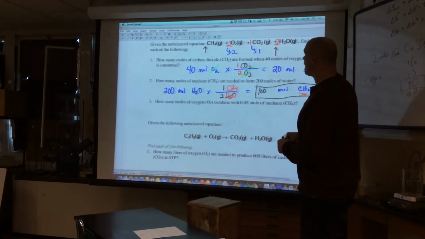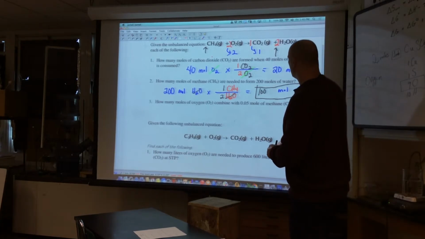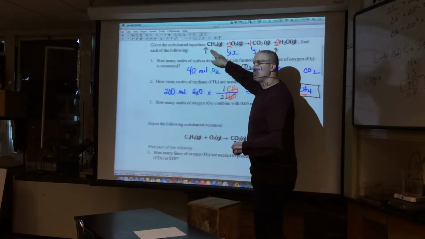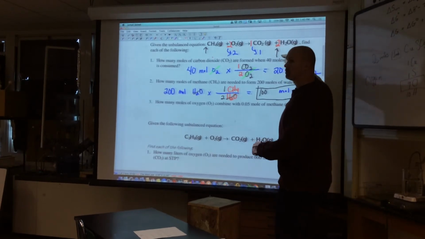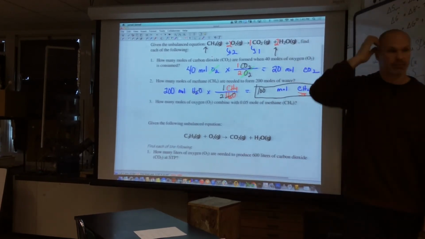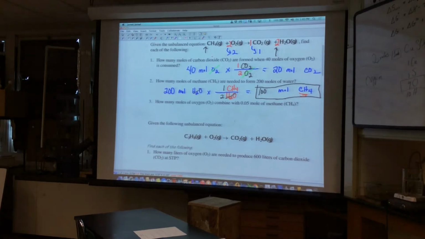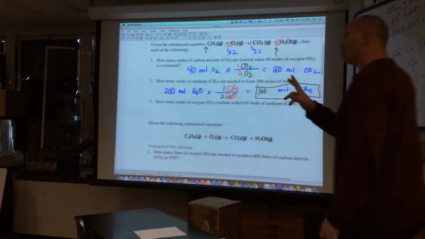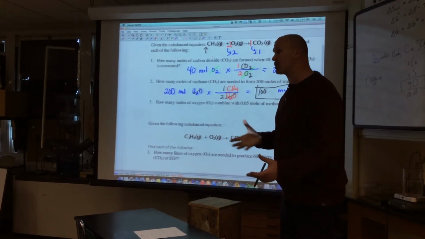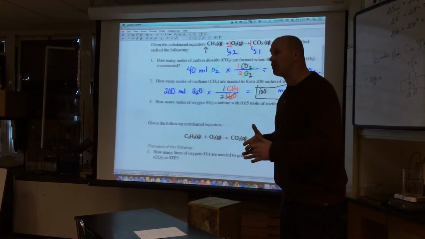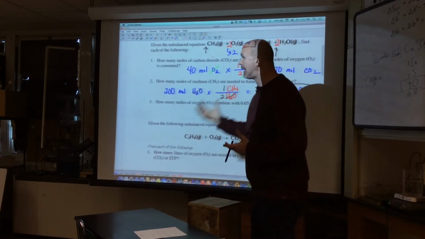Now, if you did it the other way, you put your x over 1. You put your 200 over 2. Solve for x. These are not hard problems. But if you do not recognize what you have to do with these problems, they become hard. The box question that we learned about empirical to molecular is not a hard problem, but people are not recognizing them.